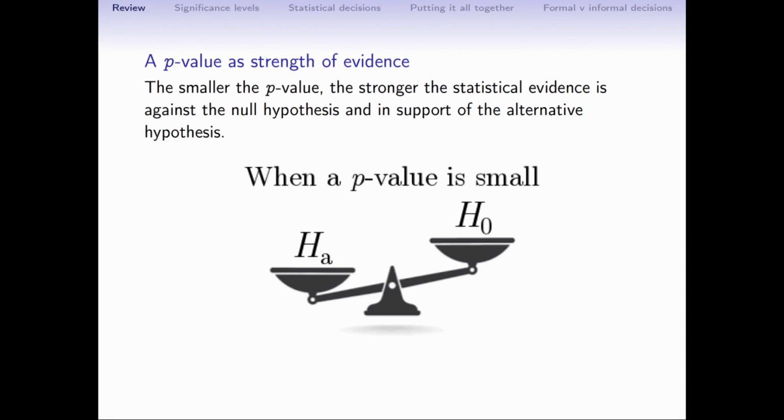We should feel comfortable rejecting the null hypothesis and lending our favor or support to the alternative hypothesis. So we understand that as the p-value gets smaller, the evidence is growing stronger to support the alternative hypothesis and reject the null hypothesis. But when is p small enough to trigger this response in us?